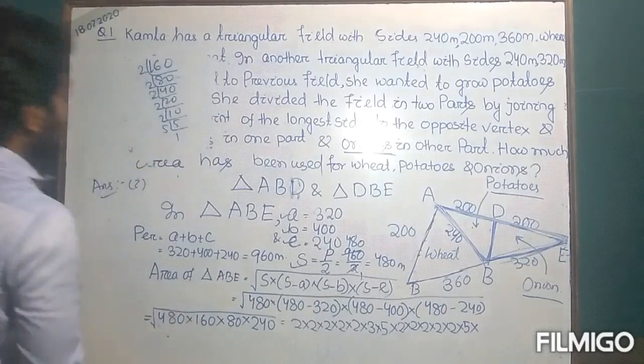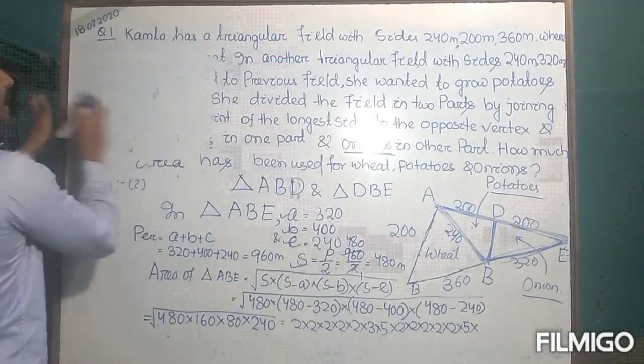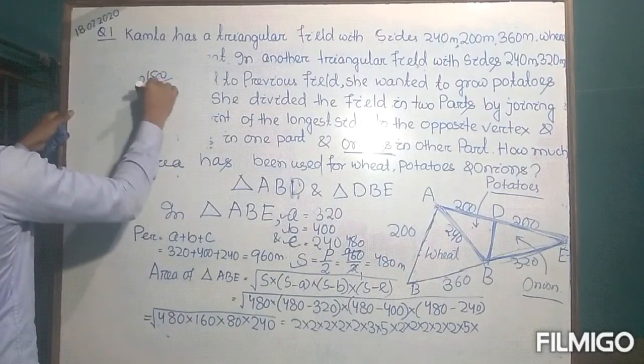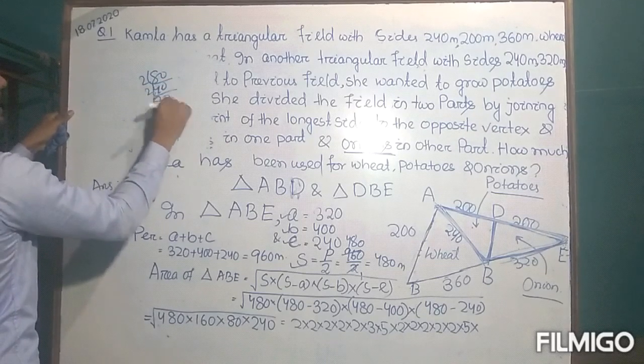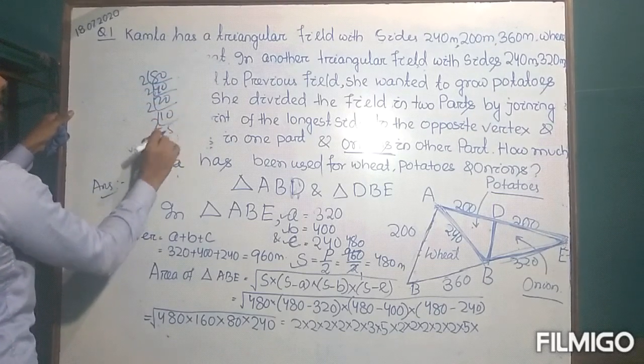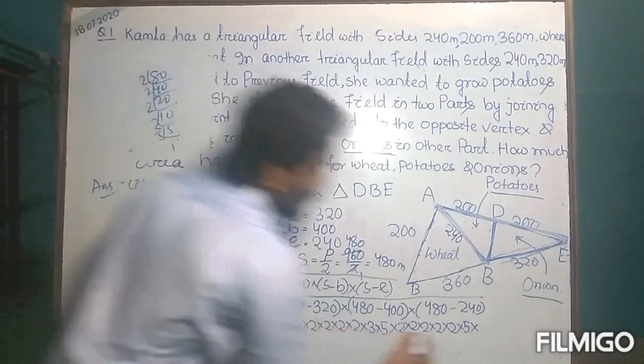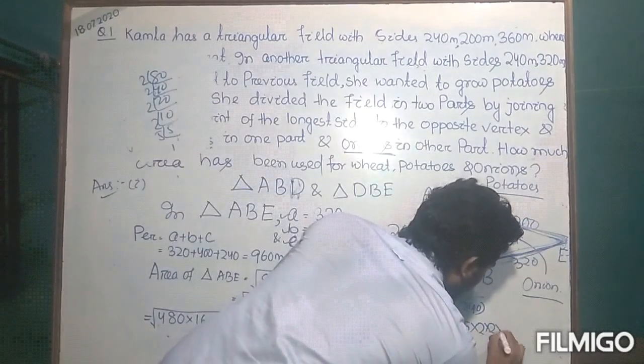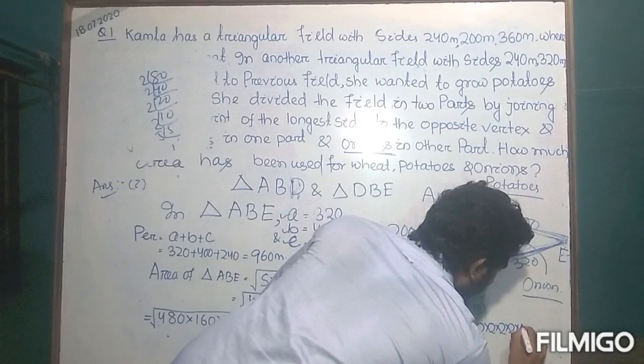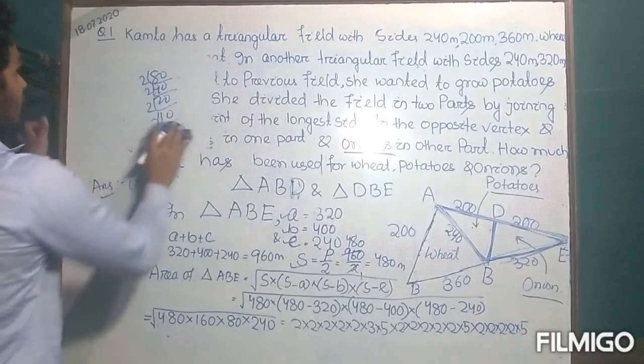Then 80. Factorize 80: 40, 20, 10, 5, 1. See, 4 twos. Okay.